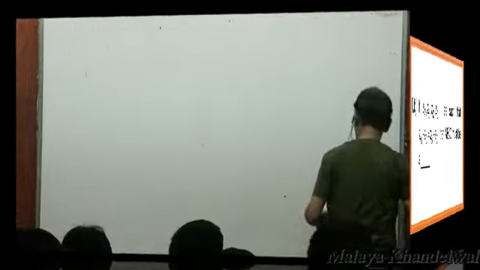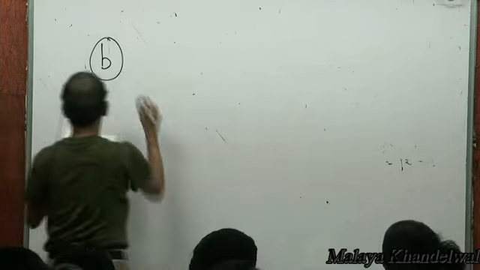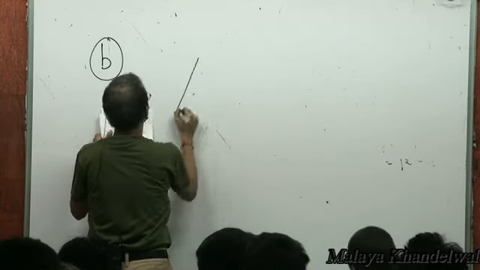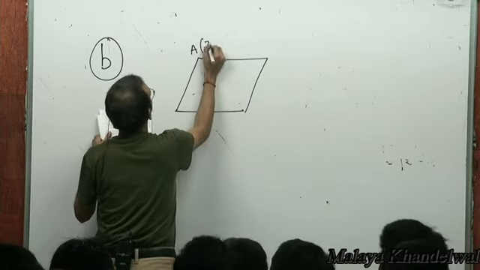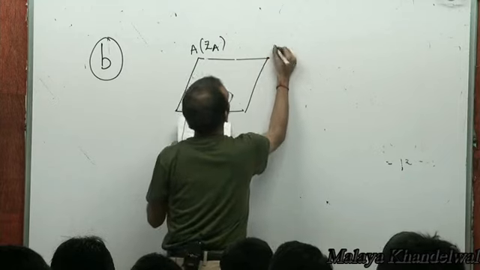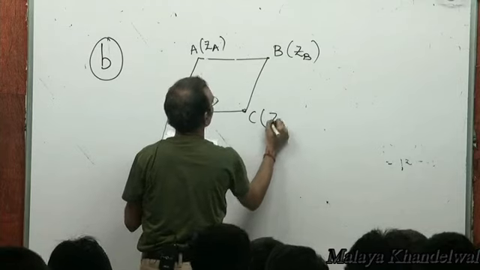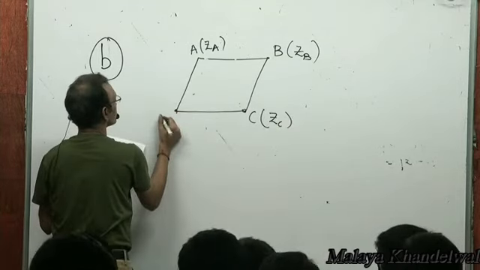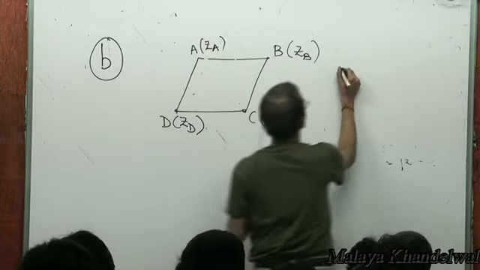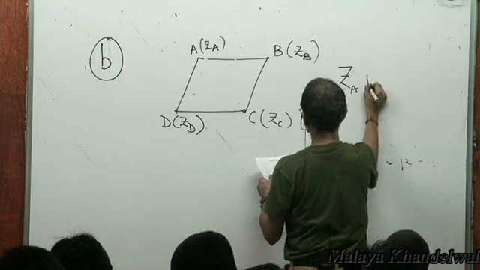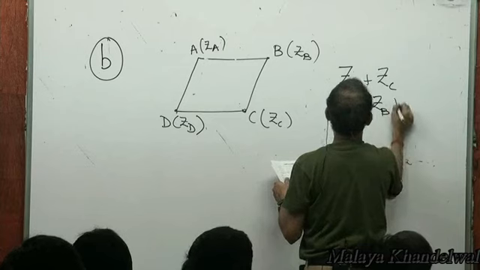Let me look at B. There is a quadrilateral with vertices ZA, ZB, ZC and ZD, such that ZA plus ZC is ZB plus ZD.